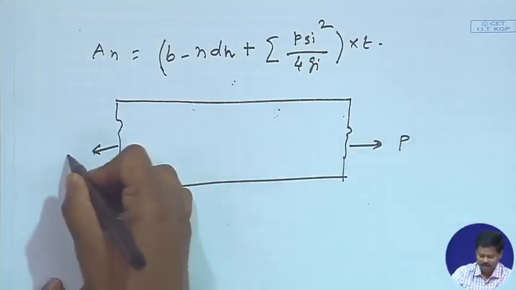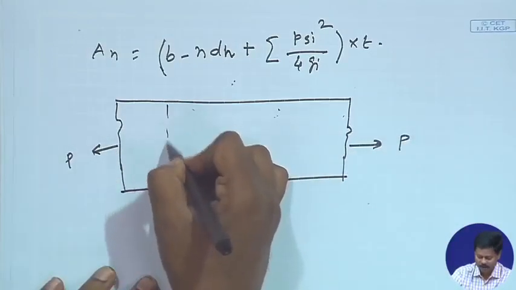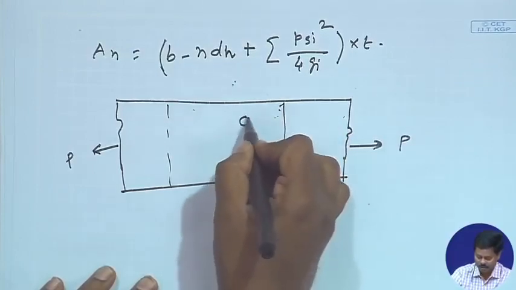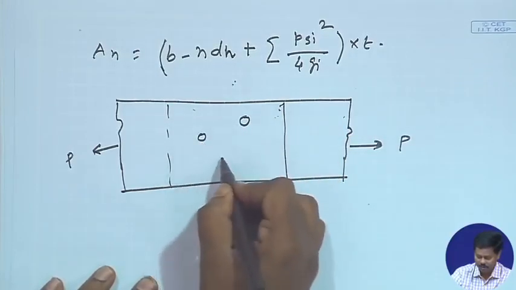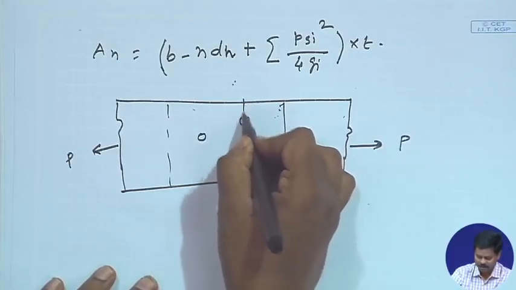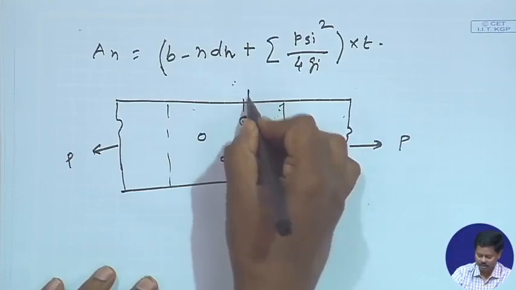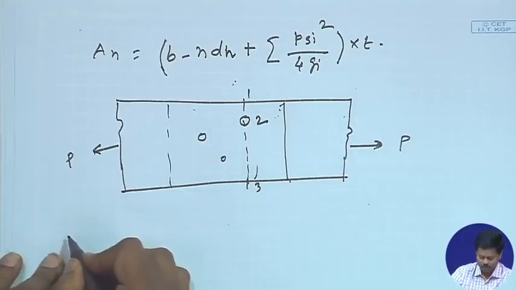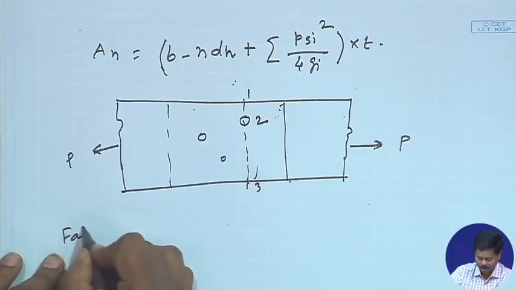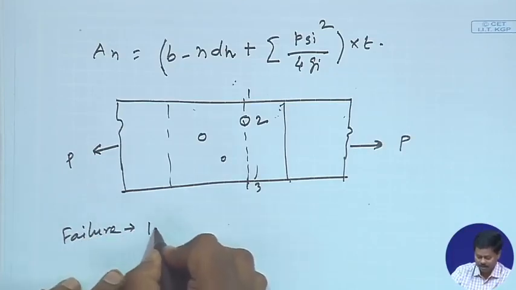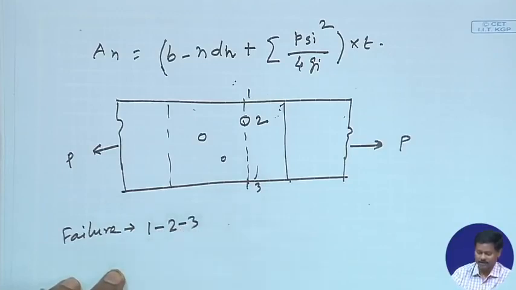P is the tensile force acting, and there is a bolt here, this is another bolt, this is another bolt. That means it may fail along 1, 2, 3. So, failure may happen along 1, 2, 3.